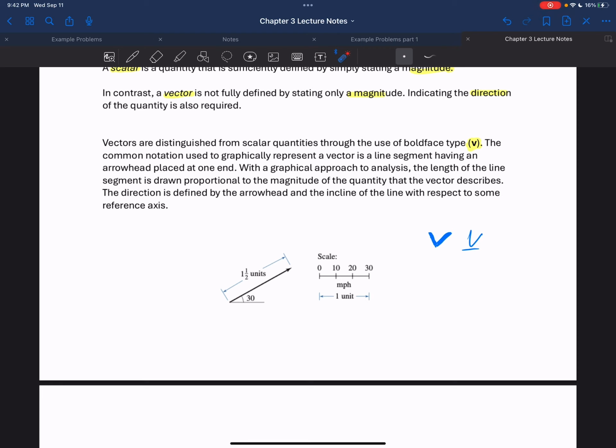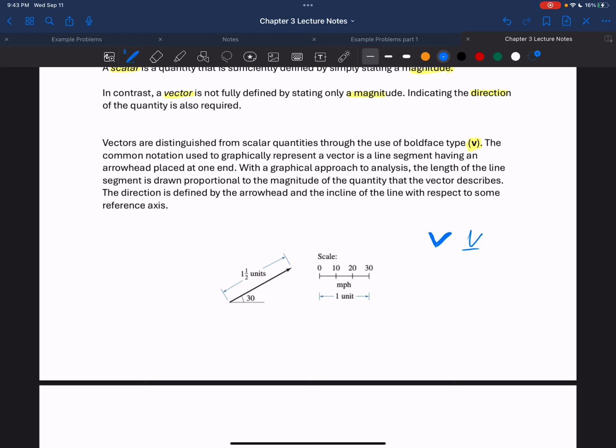One of the approaches that we're going to use is a graphical approach. When we're looking at a graphical approach, especially as we start solving kinematics problems using AutoCAD, this length, not just saying that it's 30 miles an hour, but this length itself becomes very important.